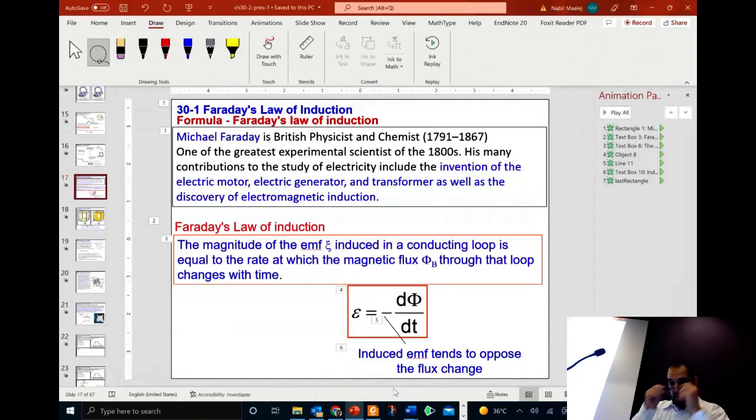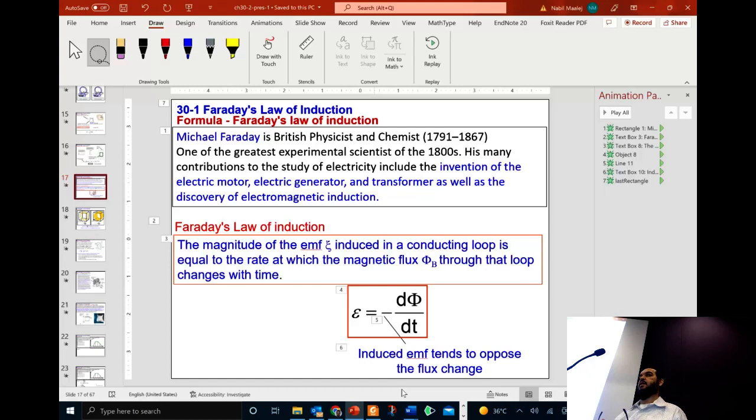Okay, so last time we introduced Faraday's law of induction, and we said the very interesting observation is that when a magnetic field changes, it induces an EMF. So if you have a loop and the magnetic field is changing, it will induce an EMF and induce a current.